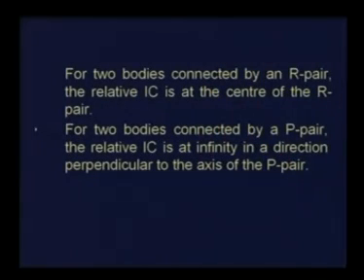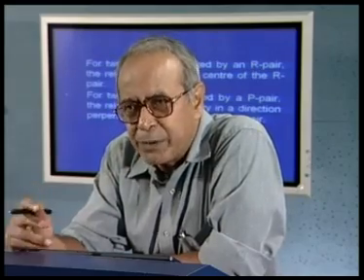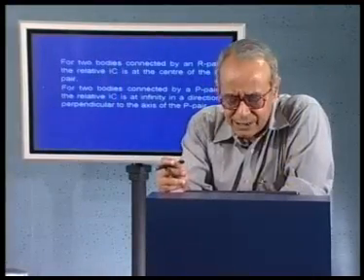If the two bodies are connected by a prismatic pair, then the relative instantaneous center is at infinity in a direction perpendicular to the axis of the P pair, because if the two bodies are connected by a prismatic pair, then as we know, the relative motion is a pure translation, and in case of translation, the instantaneous center lies at infinity in a direction perpendicular to the direction of sliding.